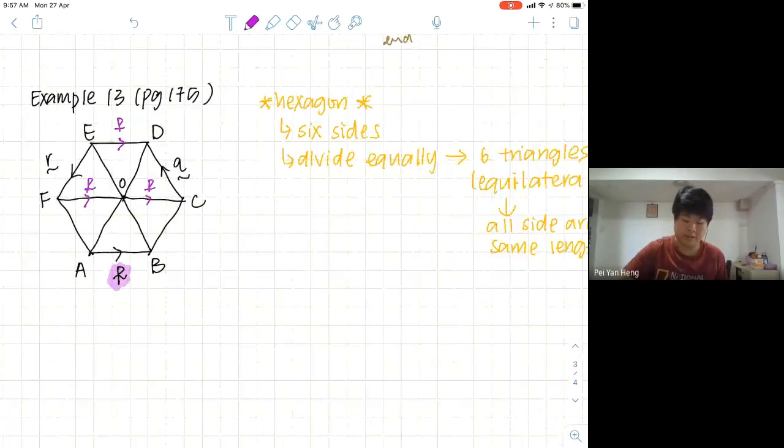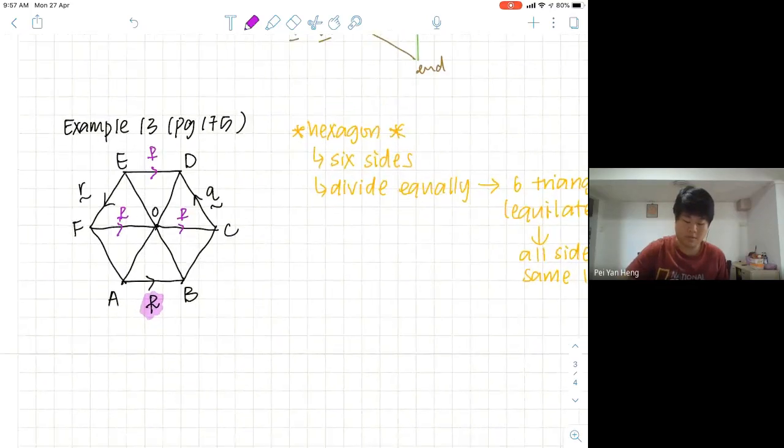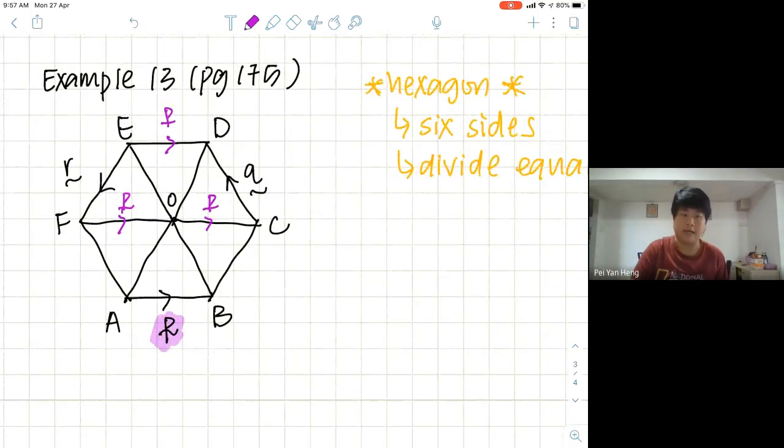Let's enlarge this a bit more. So these are the parts with the same vector. Now, from F to O is vector P, and then from O to C is another vector P. These are the things you need to take note of.